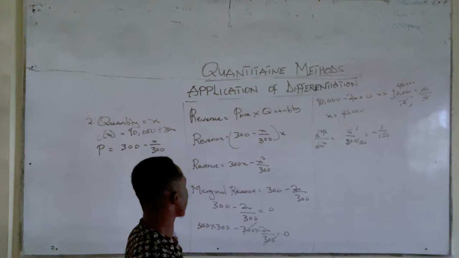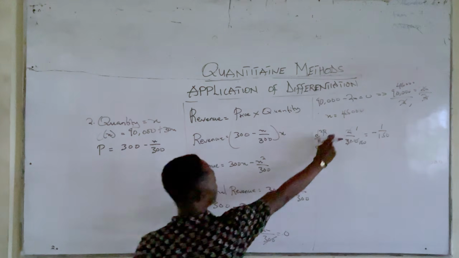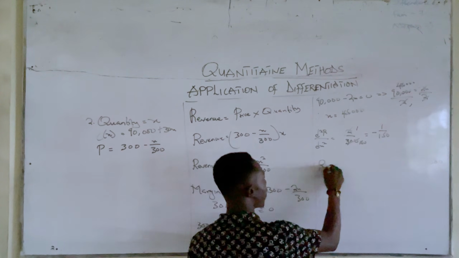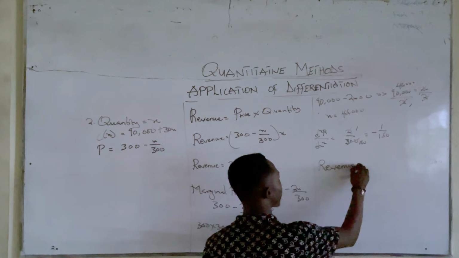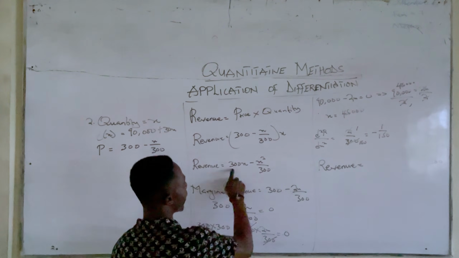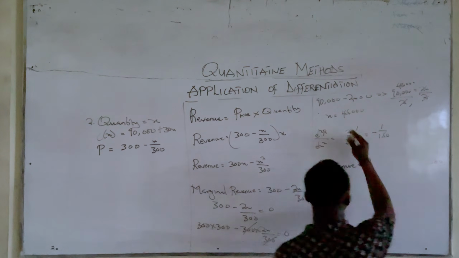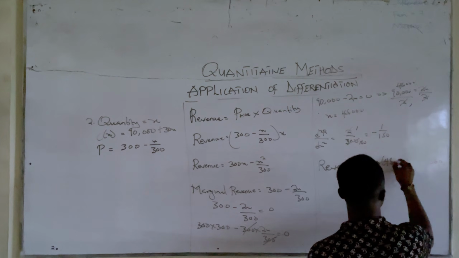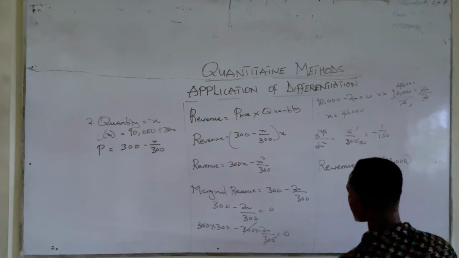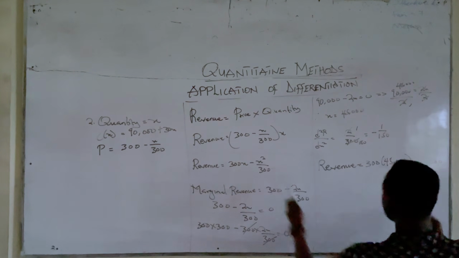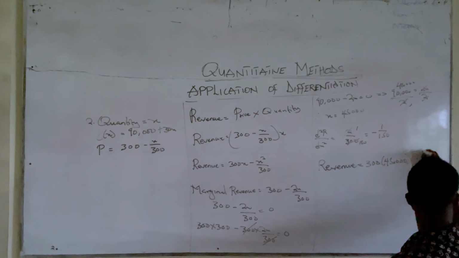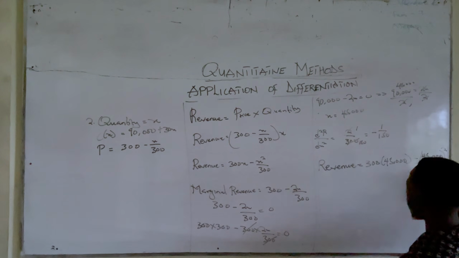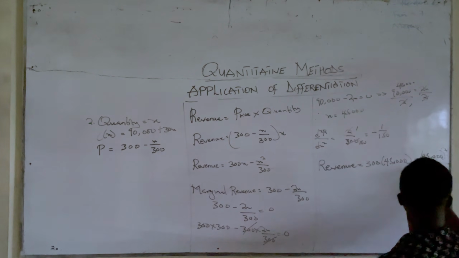So now let's find the maximum revenue. We are going to substitute this x into the revenue function. Right, so we say our revenue is equal to 300 times what? The 45,000. So we say 300 times 45,000 minus 45,000 squared over 300.